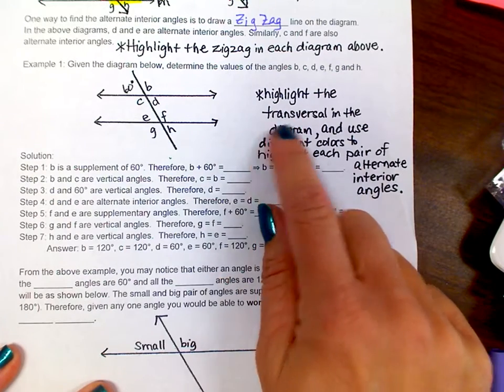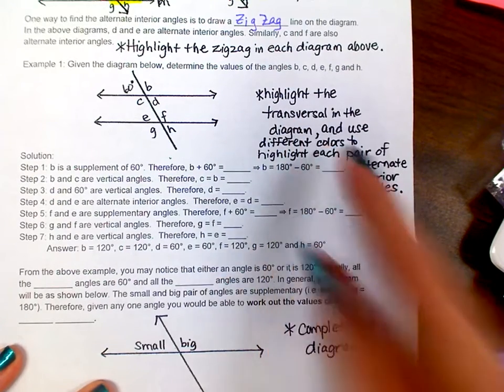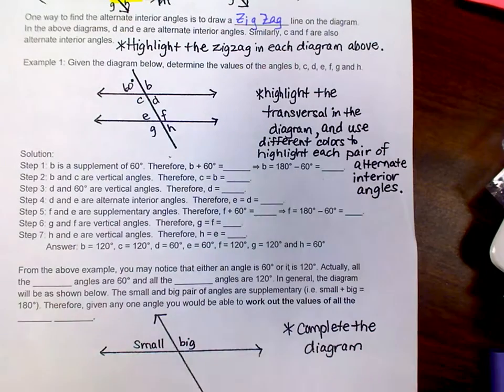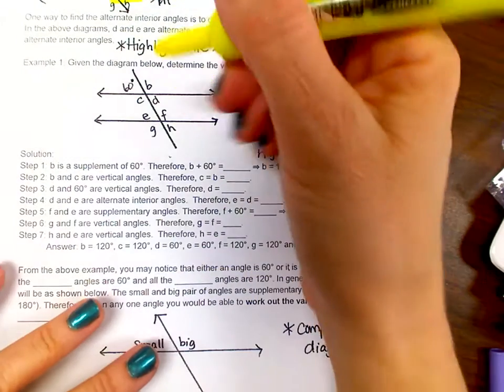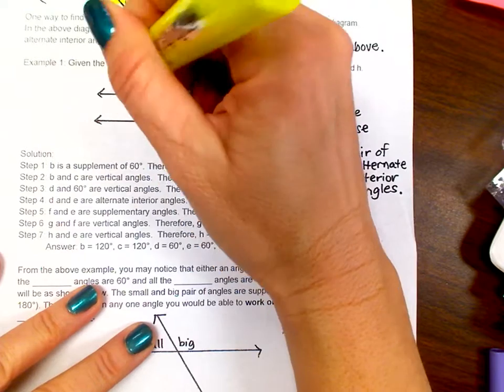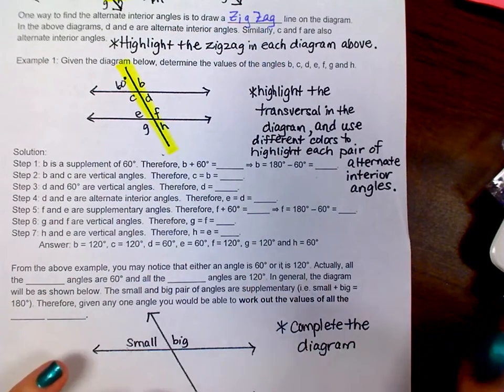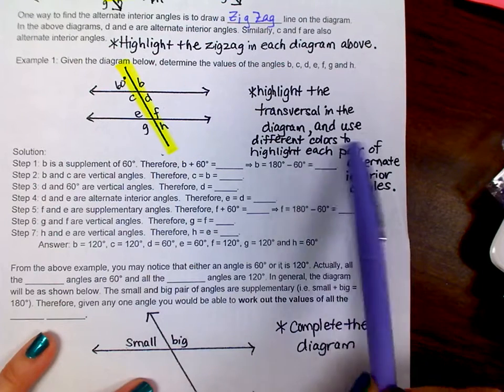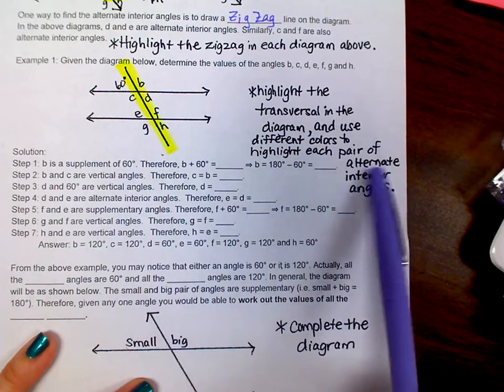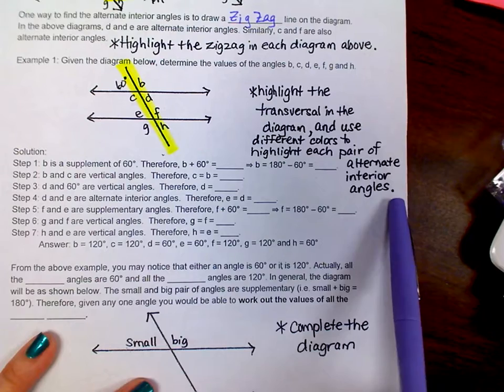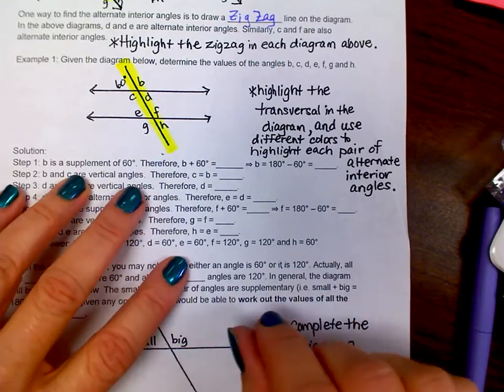It says highlight the transversal in the diagram. So again, your transversal is a line that cuts through your parallel lines. Use different colors to highlight each pair of alternate interior angles.